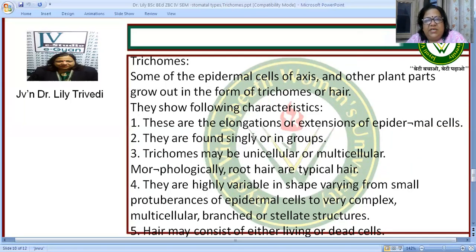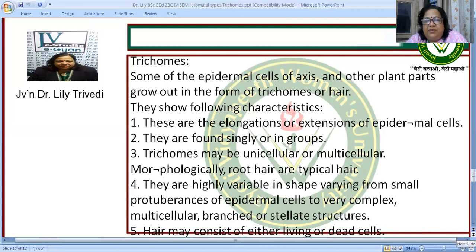They are found singly or in groups, and they may be unicellular or multicellular. The morphology of root hair is typical here, and they are highly variable in shape, varying from small protuberances to very complex, branched or stellate structures. So they may consist either of living or dead cells.